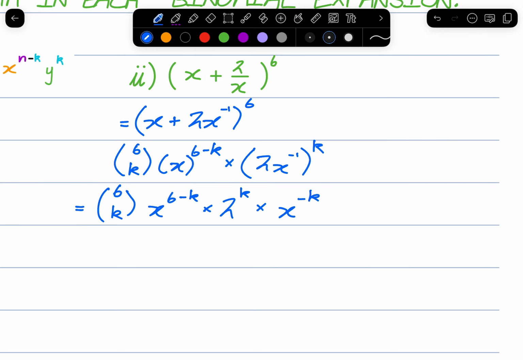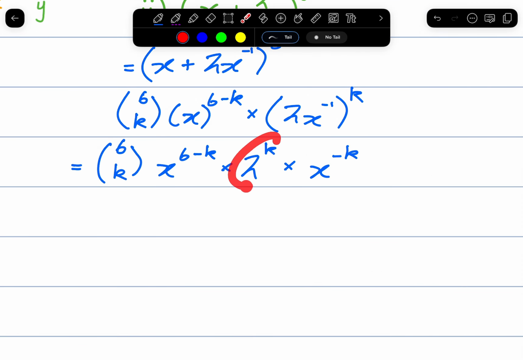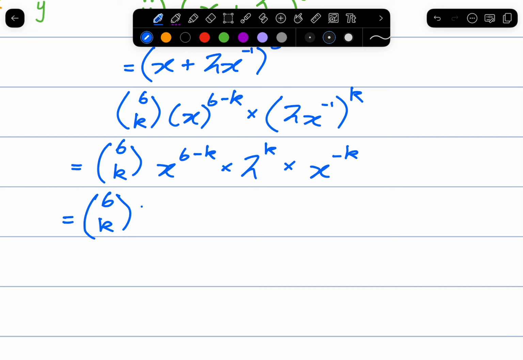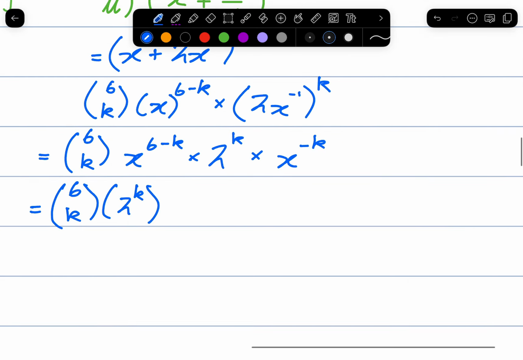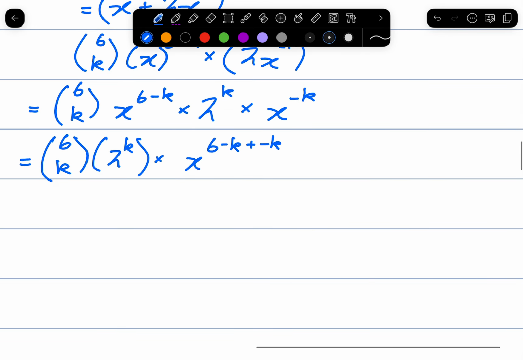Using further index laws from here, now the 2 to the power of k just comes off to the side. So 6 choose k, times 2 to the power of k. But now these two can interact. Remember, same bases, indices will add. So showing you every step of the way, this gives me times x to the power of 6 minus k plus negative k.